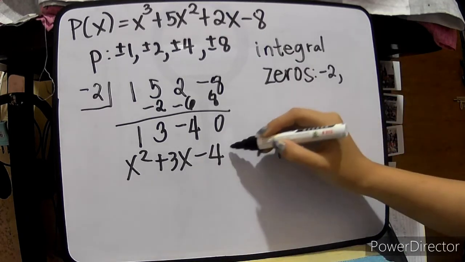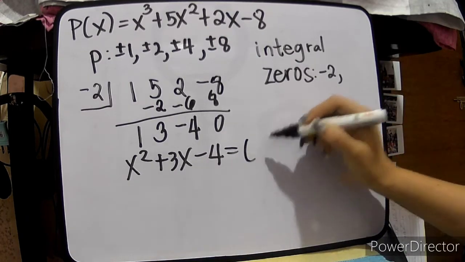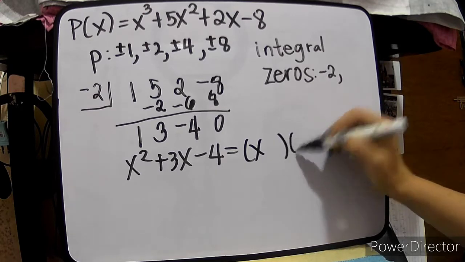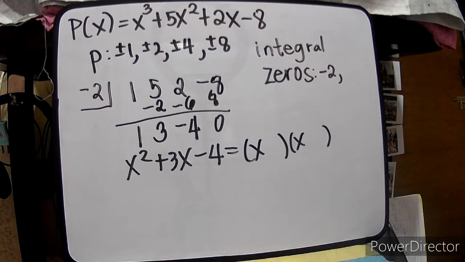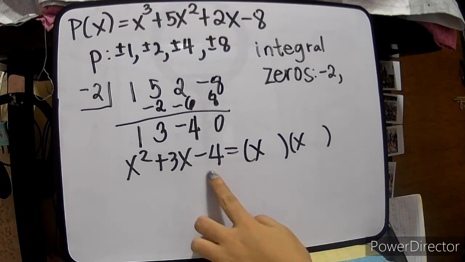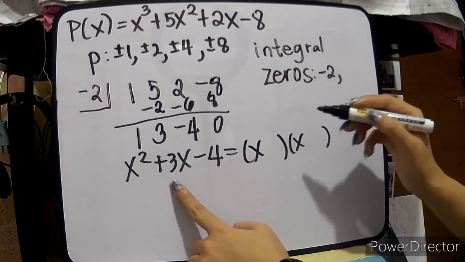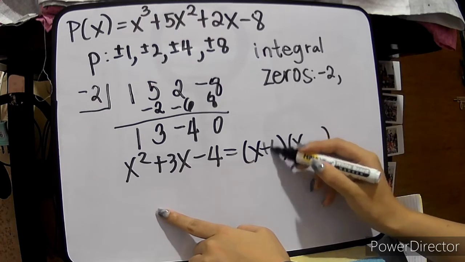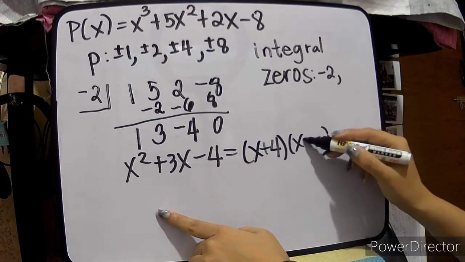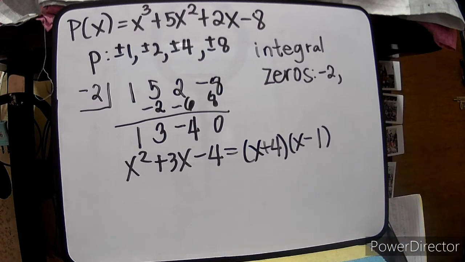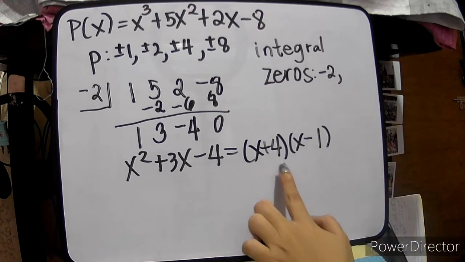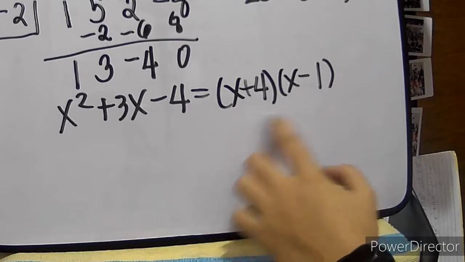So, magko-factoring na lang tayo. So, of course, ang factor ni x squared ay x times x. And then, factors of negative 4 that give us a sum of 3 are positive 4 and negative 1.